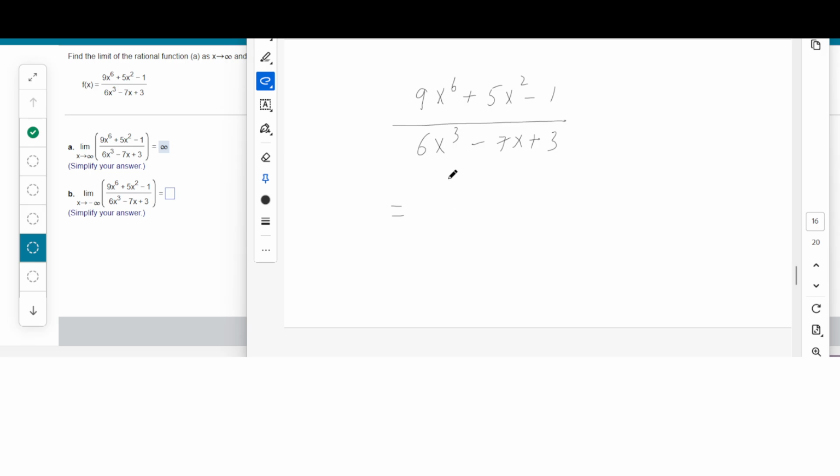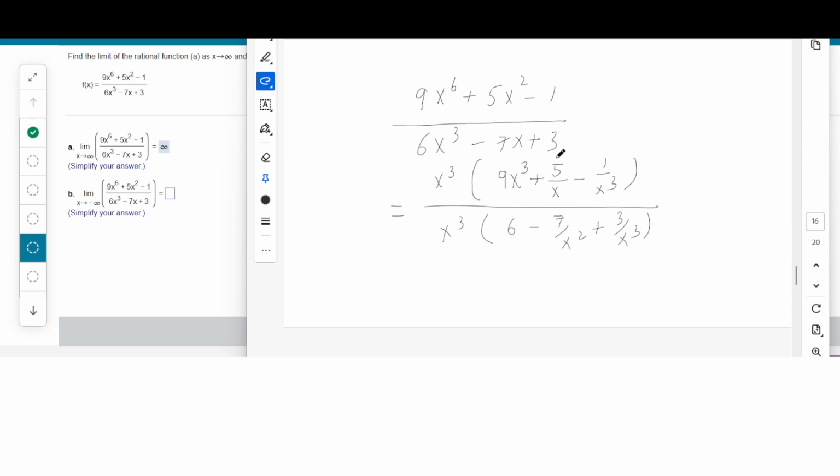We can factor out the highest power from the bottom, which is x cubed, and then do the same thing on the top. The leftover we can write down here: plus 5 over x minus 1 over x cubed. Similarly, this would be 6 minus 7 over x squared plus 3 over x cubed.